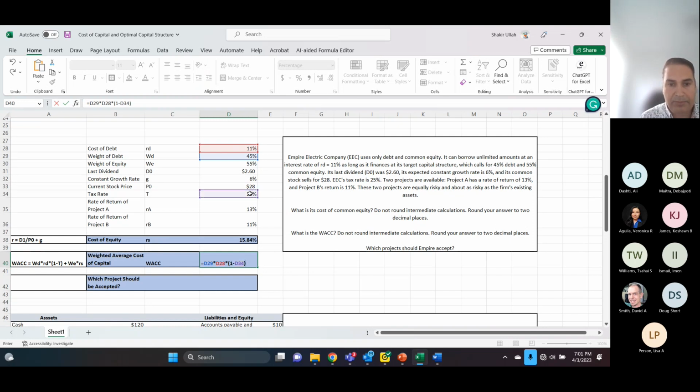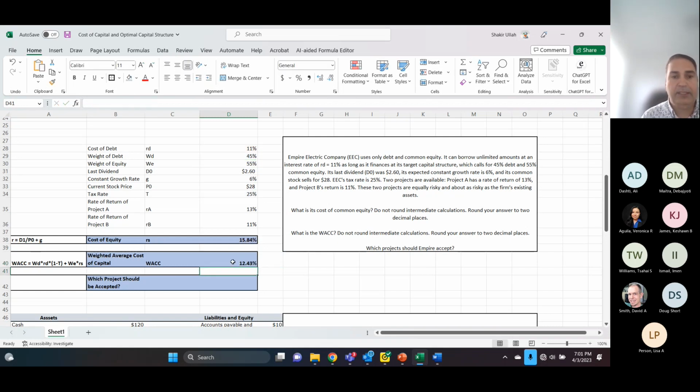I close the parenthesis, and plus then we go to the weight of equity, that is 55%, multiplied by the cost of equity, which we just calculated, 15.84, and that's it. We got the weighted average cost of capital. Now, if you look, the cost of debt is 11%, so that means debt is cheaper, but its cost of equity is about 16%.